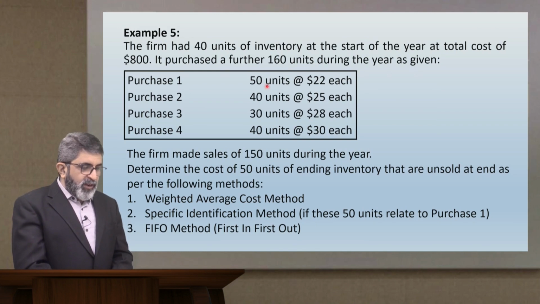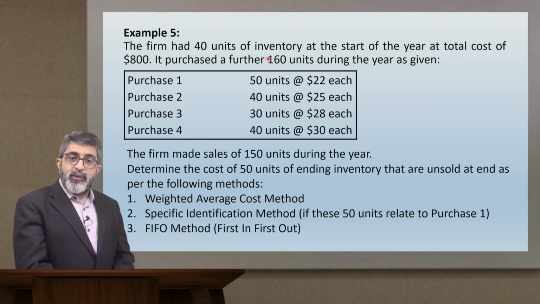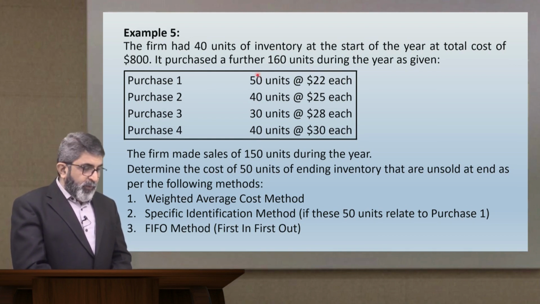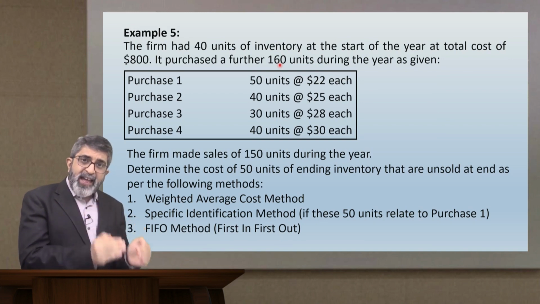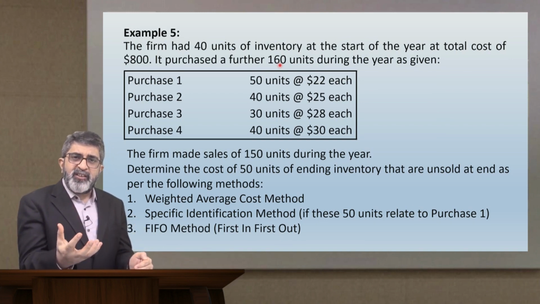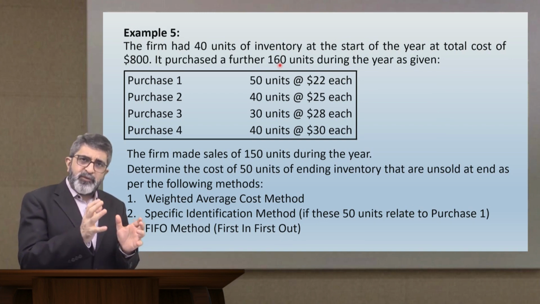So 50 units, 40 units, 30 units, 40 units. If we take the aggregate of these 4, it is definitely matching with 160 units, correct? 50 plus 40 plus 30 plus 40 will give you exactly 160 units. So there were 40 units already as beginning inventory, and fresh purchases were made in 4 different lots, 160 units.